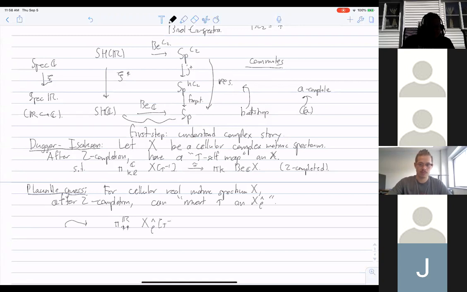If I rho complete and then invert tau, that's isomorphic to C2 equivariant homotopy of the C2 Betti realization of X after I take the homotopy completion.